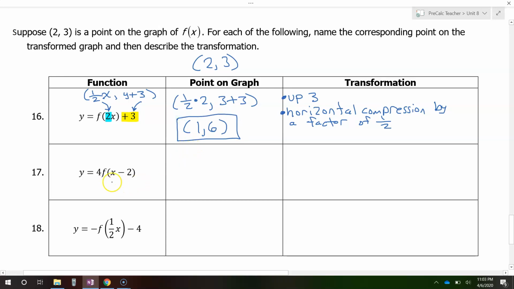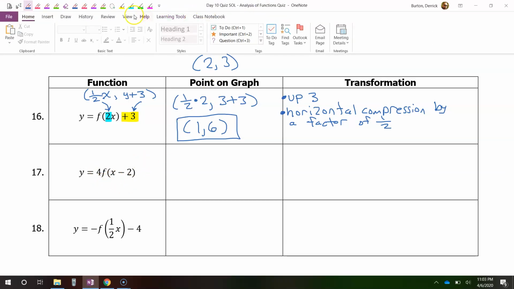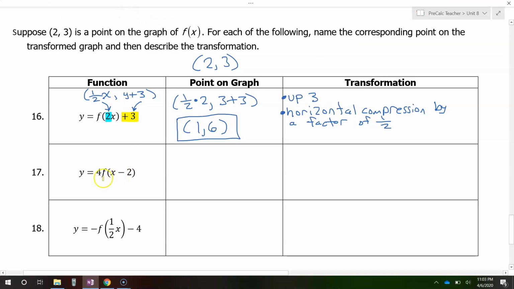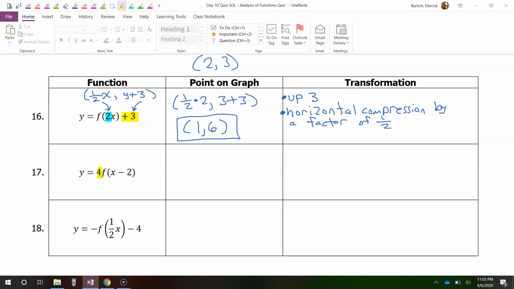All right, let's look at problem number 17. What is going on here? I see this 4 outside the function. That's going to be doing something to the y values.